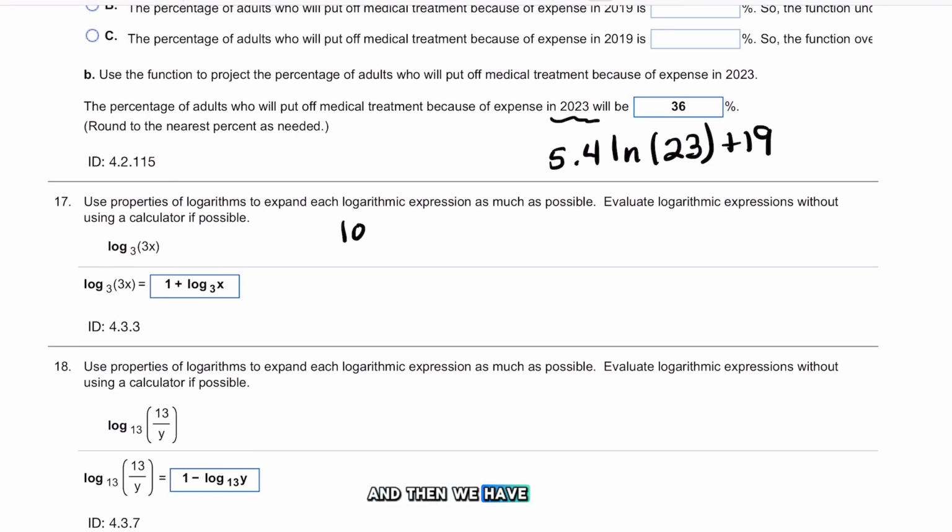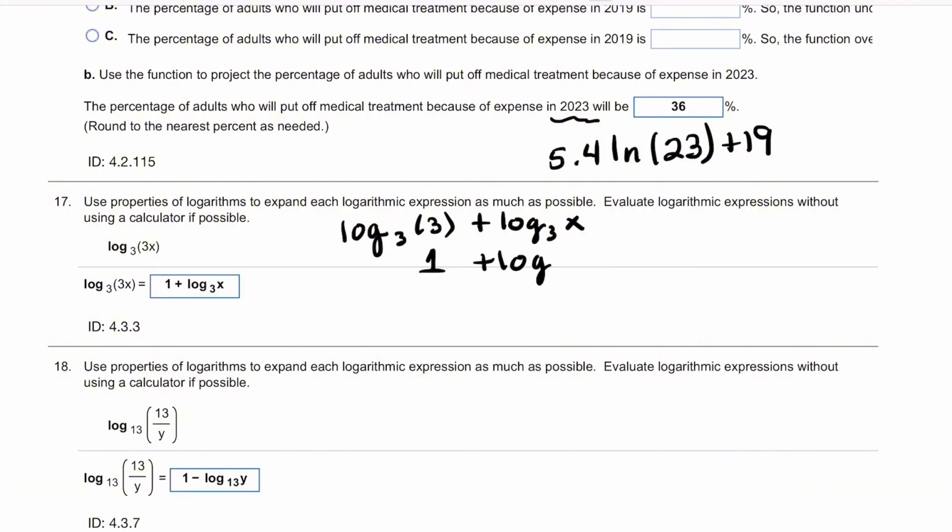And then we have the properties of logarithms. So these are multiplied, so we separate them. Remember, the log base 3 of 3 is 1. And the same thing, well, you use the properties of logarithms to do 18.